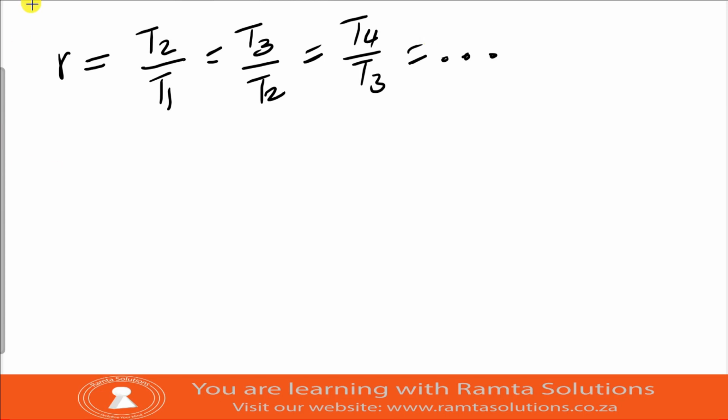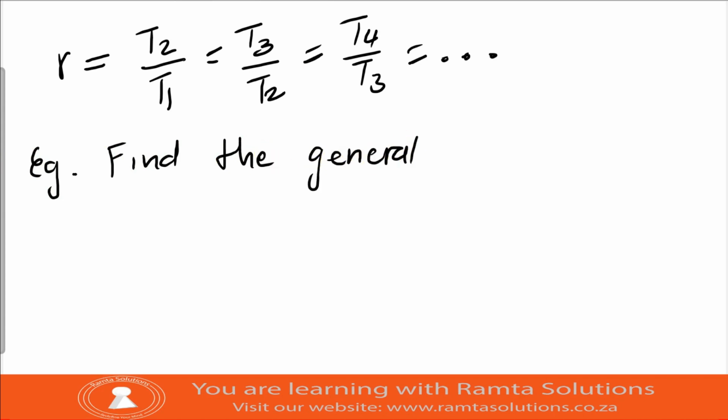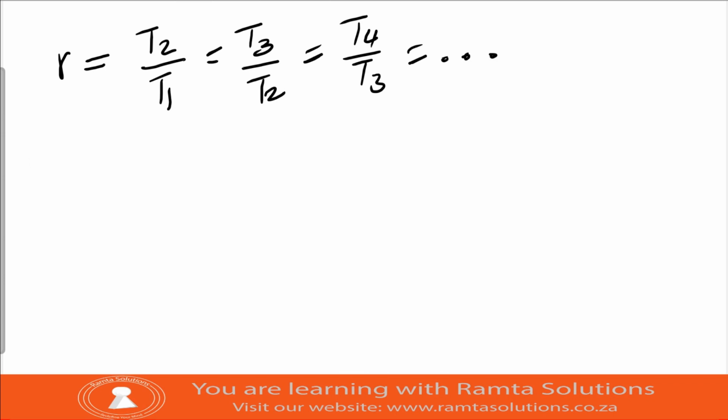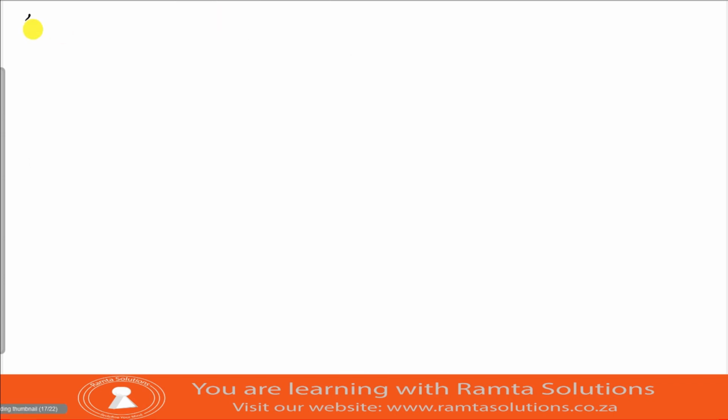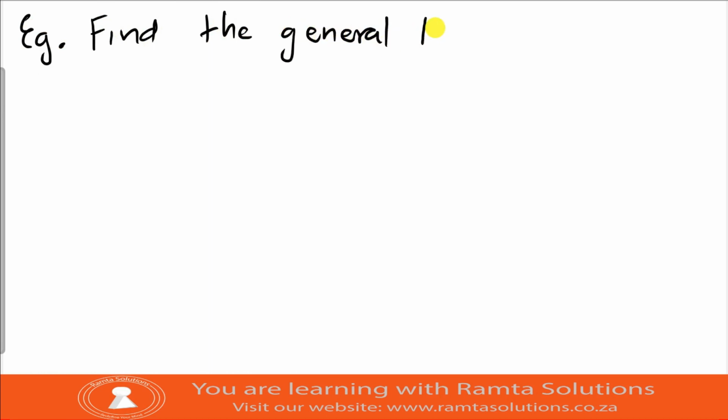Now maybe let's try an example. We will try an example again. I will say find the general term. Maybe let me write it on the next page. So this example, we will say find the general term of two examples.